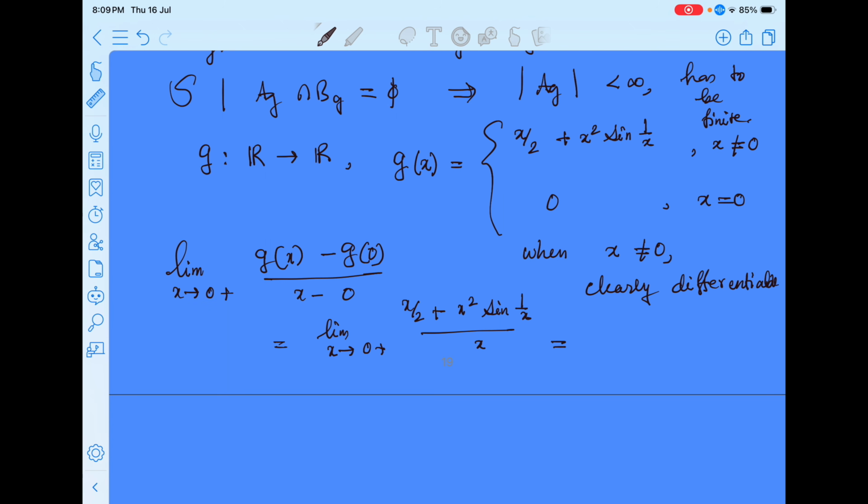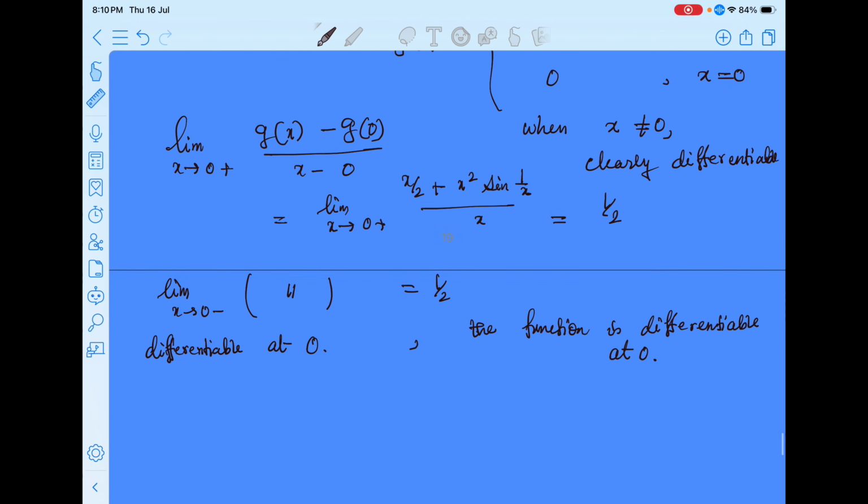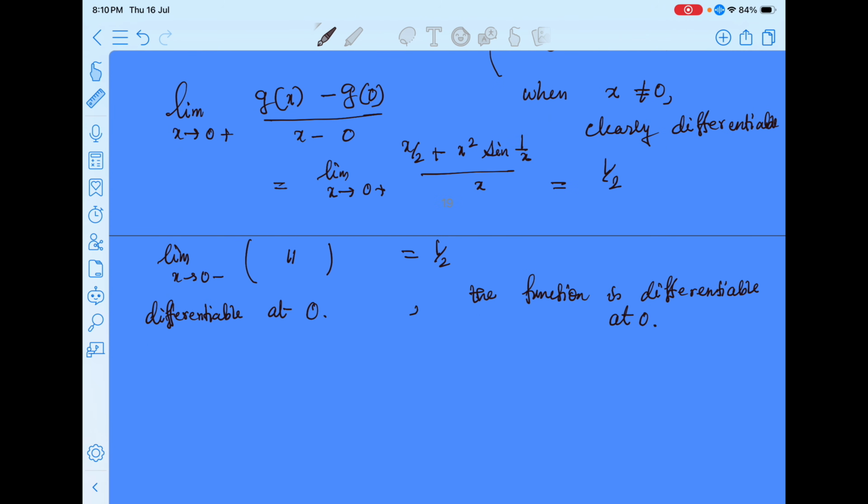So the limit is half, and similarly the limit as x tends to 0 minus of this fraction is again half. So this function is differentiable at 0, and it is differentiable at every non-zero point. So this function is differentiable.